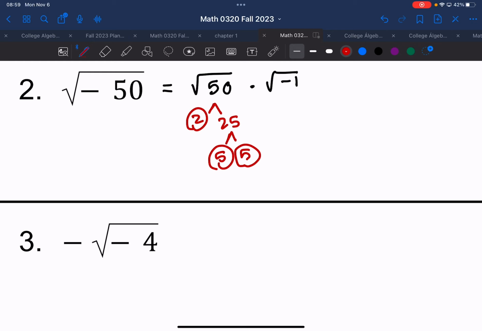It's the square root, so we circle pairs of 2. So we know that our answer for the square root of 50 is going to be 5 square roots of 2 times, what's the square root of negative 1? i. So where's that i going to go? Is it going to go after the square root of 2 or after the 5? After the 5. So this is 5i square roots of 2.